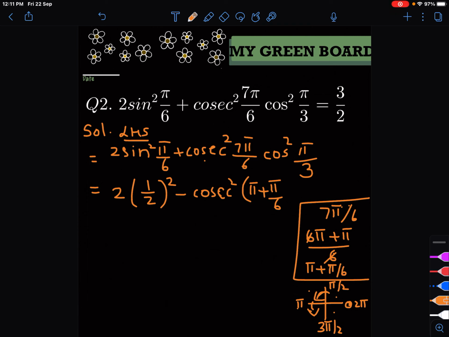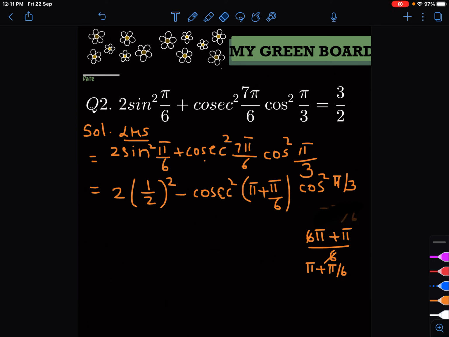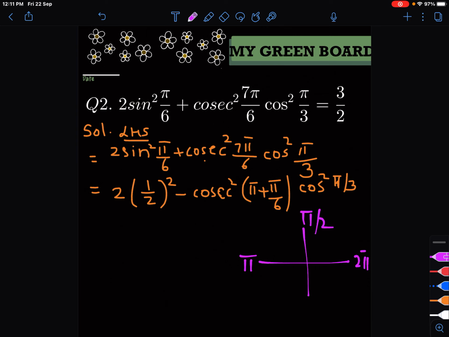Understood, children? So I have written here pi plus pi by 6, and here cos square pi by 3 will remain. Now since this pi is here, let's remove all this. Now I am just drawing this graph. This will become your pi, this is your pi by 2, this will be your 2 pi, 0 and 2 pi, and this will be your 3 pi by 2.